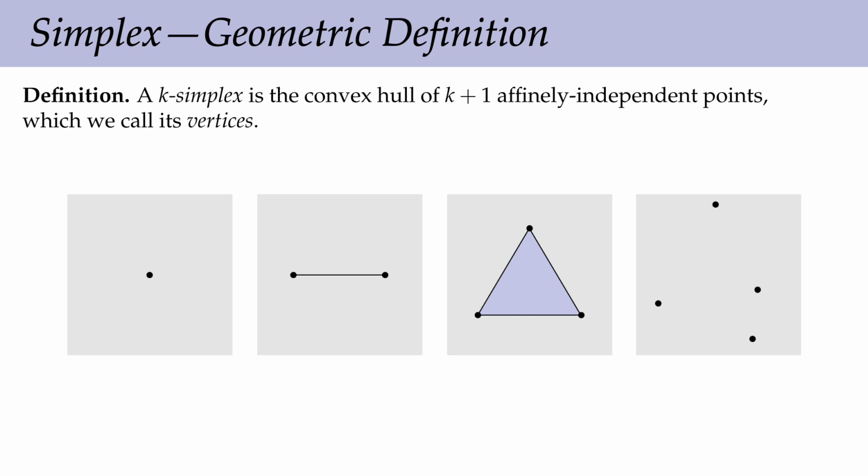Well, in order to have 4 affinely independent points in 2D, I'd need to have 3 independent vectors in 2D. And the fact that I'm in 2 dimensions means that I can always express every vector in a basis of just 2 vectors. Okay? So in order to talk about 4 affinely independent points, I have to be in 3 dimensions. What happens if I take a convex hull of these 4 points? What shape do I get?